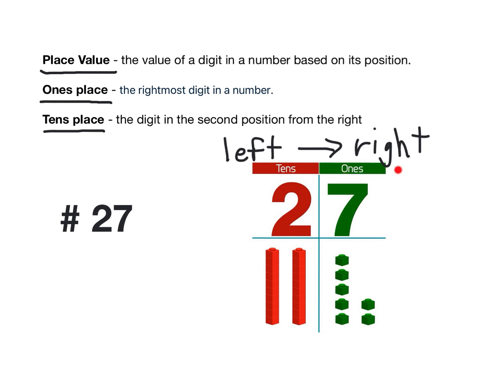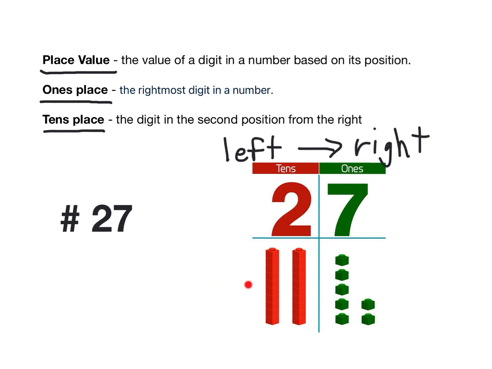As you see here, the right hand side and the left hand side. Given the number 27, you can see that we have a 2 in the tens place and a 7 in the ones place.